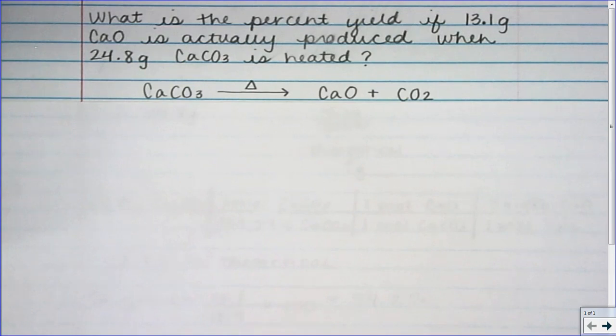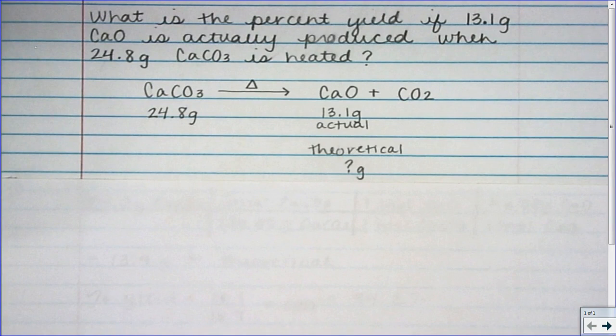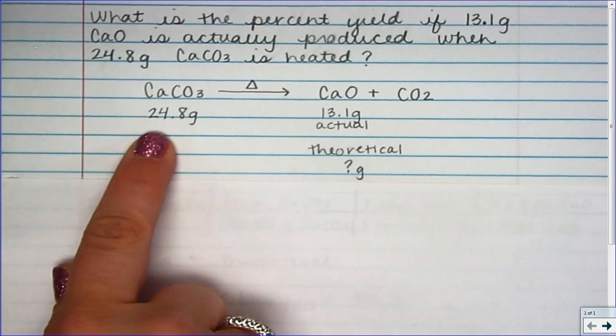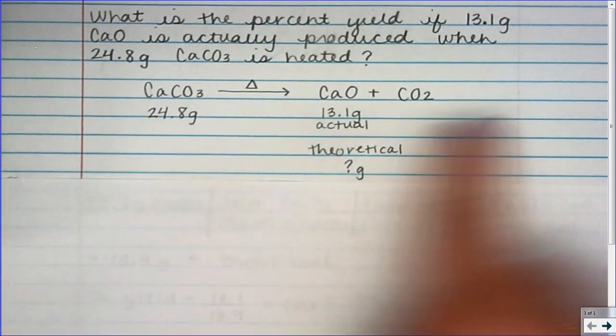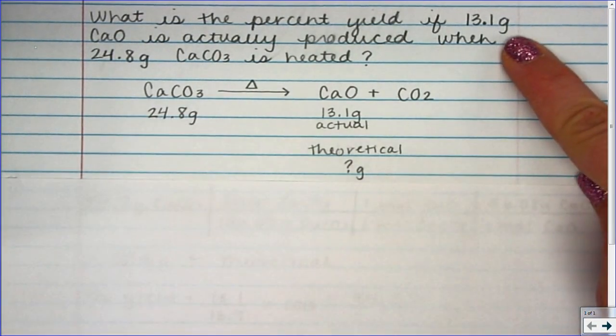When we read through the problem, there are a few things that you should probably be writing down. You can now see on your screen that I wrote down the 24.8 grams underneath the calcium carbonate, as it was stated in the problem. The other number given is the 13.1 grams of calcium oxide.